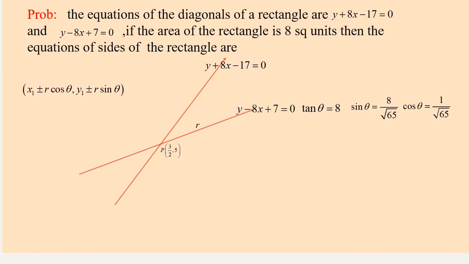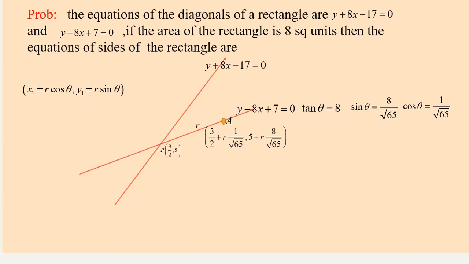So by making use of that, the coordinates of point A, which is at a distance of r units from point P, is 3/2 plus r cos theta, where cos theta is 1 by root 65, and 5 plus r sin theta, where sin theta is 8 by root 65.